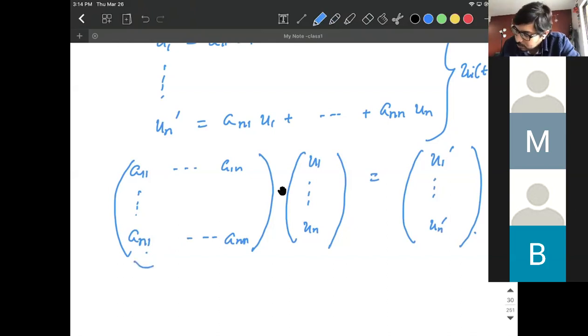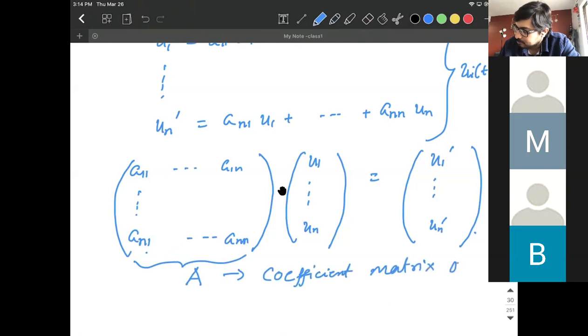Okay, so let's call this matrix A. This is once again called the coefficient matrix of the system.